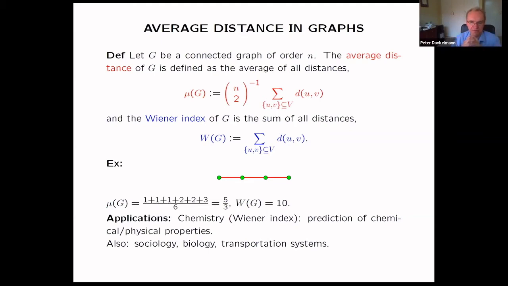In sociology, if you have a group of individuals, for each individual you have a vertex, and you turn that into a graph by joining two vertices if the individuals are friends. Then the distances in the graph, in particular the average distance, tell you something about how closely knit this particular group of individuals is.